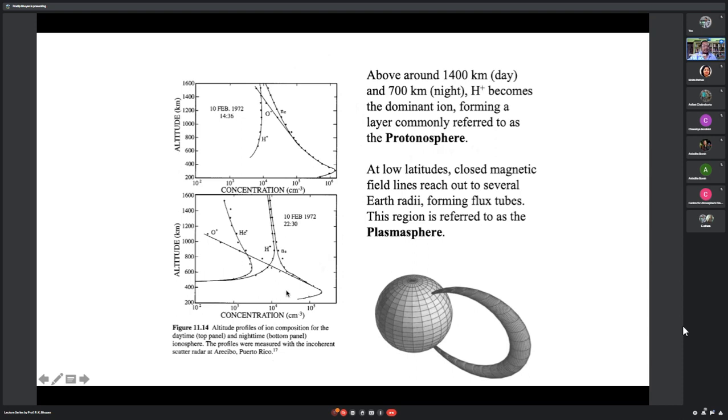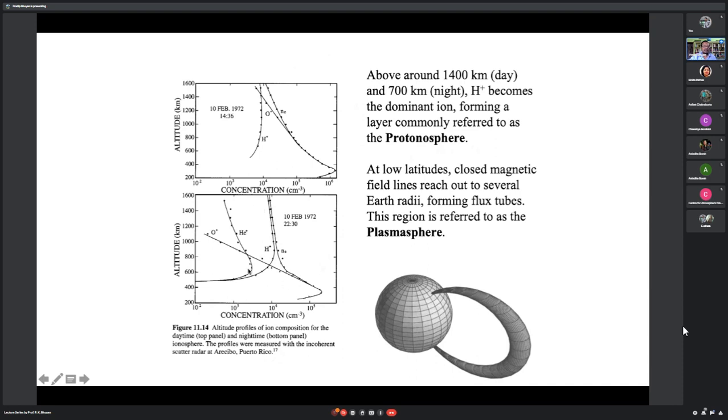Here again, for some other profile, these are profiles taken by incoherent scatter radar because these are continuous. Radars can take continuous profiles like balloons, but balloons cannot go up. Rockets can go up.